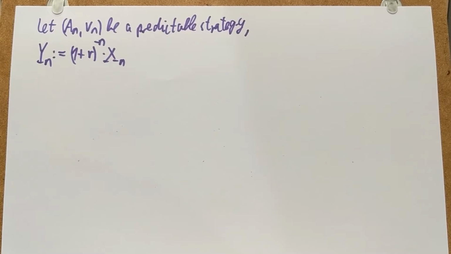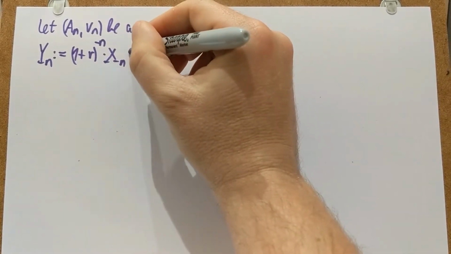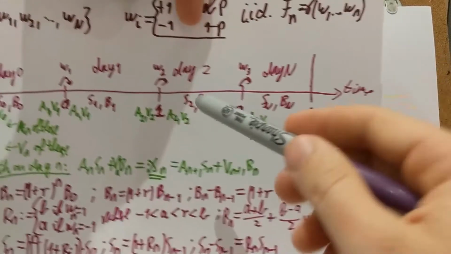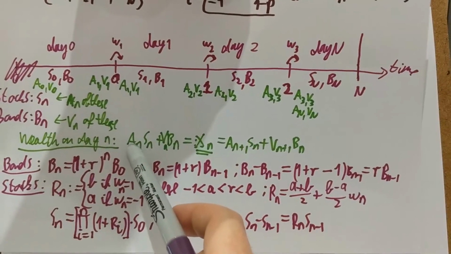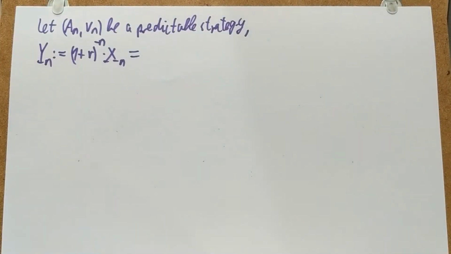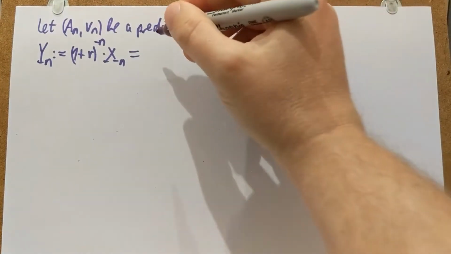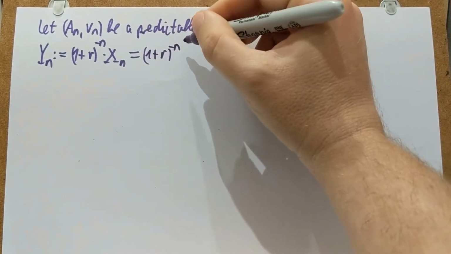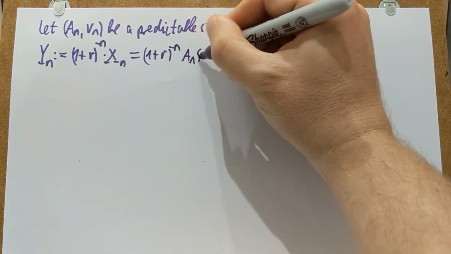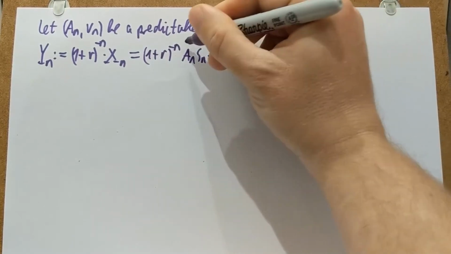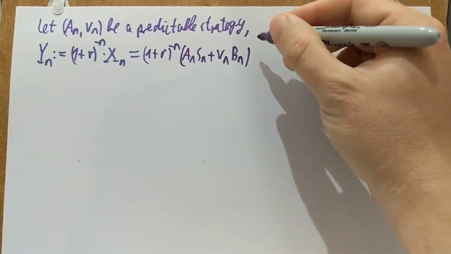So I'm going to first write Xn in a few different forms. I start off with the previous observation we had, that Xn is An Sn plus Vn Bn. So let me write that out first: (1 plus r) to the minus n times (An Sn plus Vn Bn).